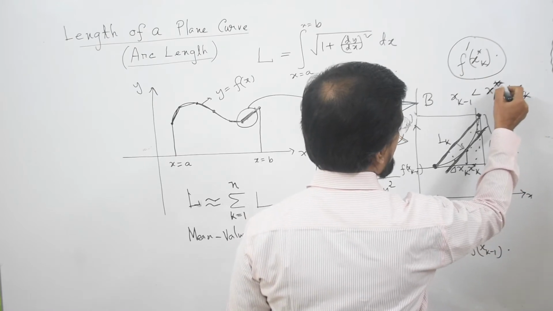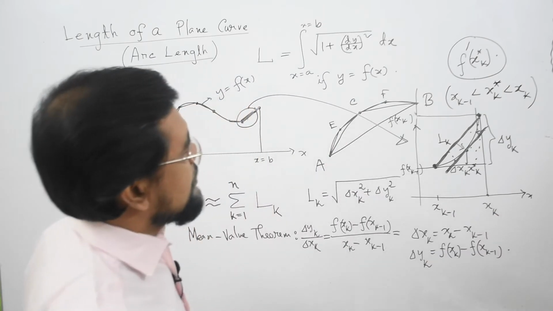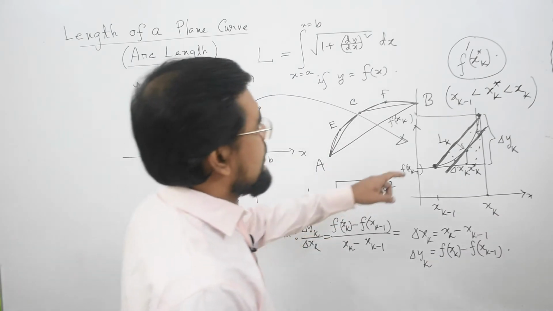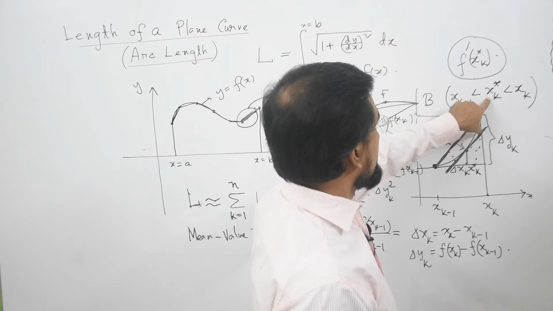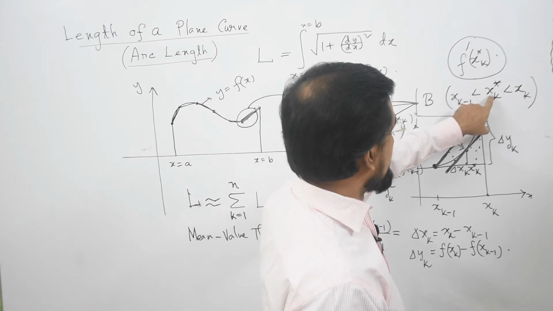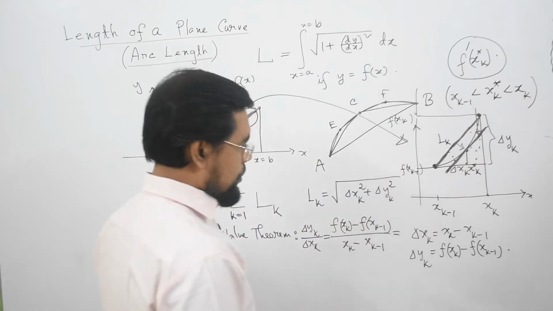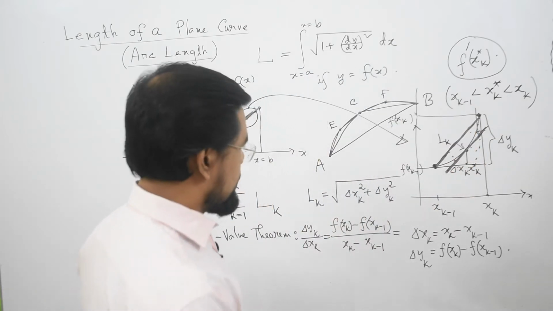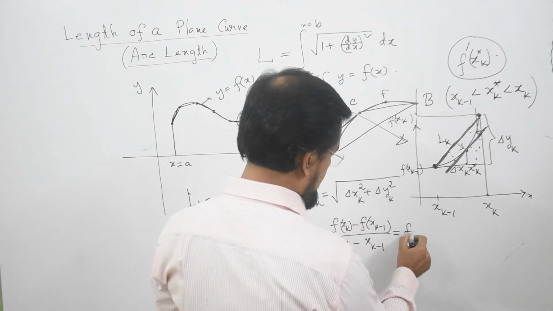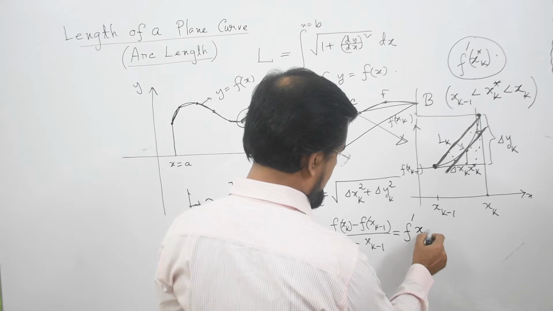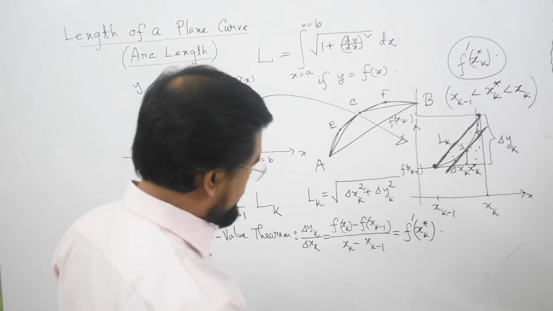If xk star is a point in between xk minus 1 and xk, then the slope or derivative of f at this point xk star is the slope of this tangent line. So we can write f prime xk star. This is the mean value theorem.